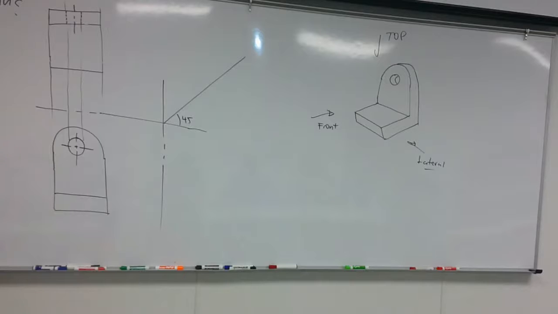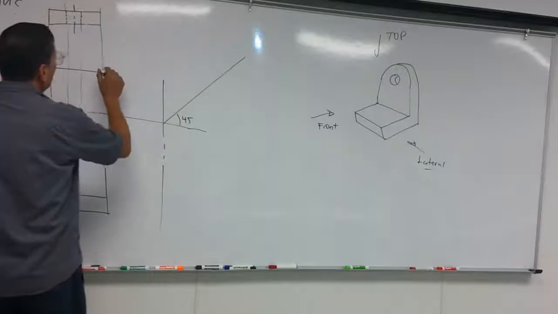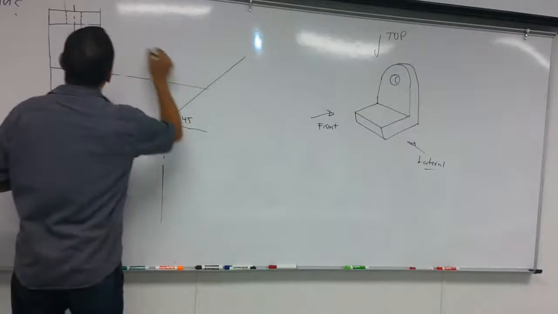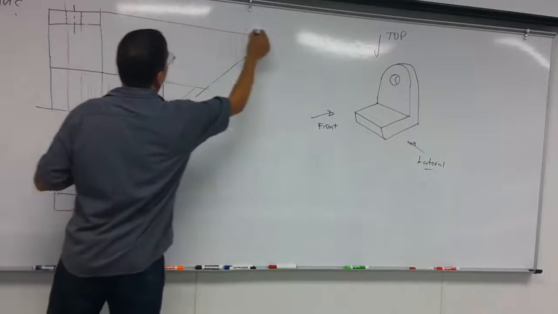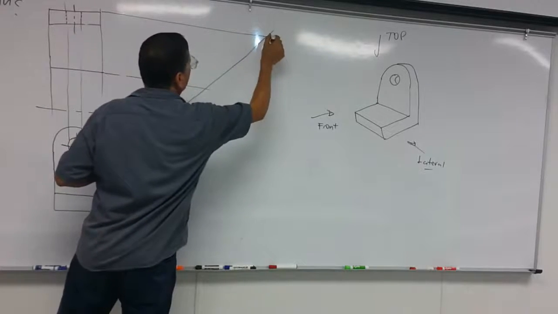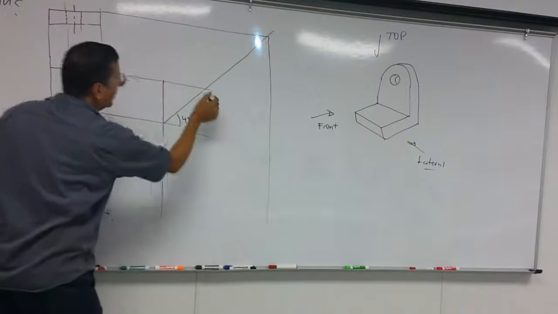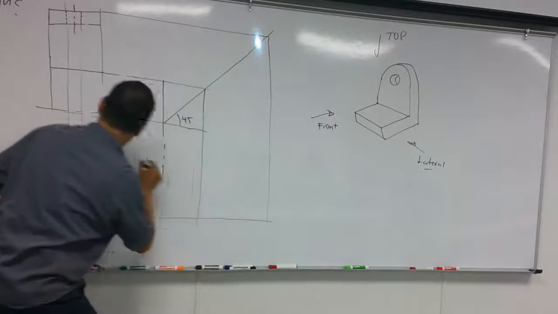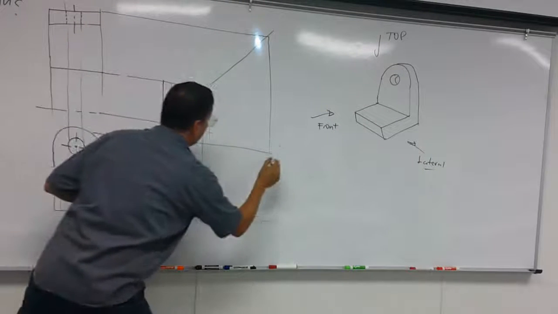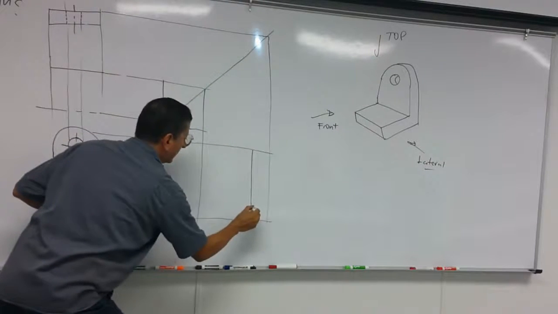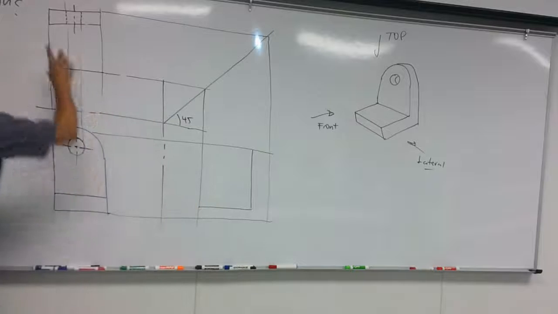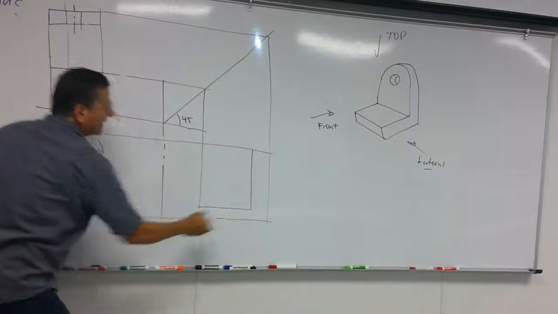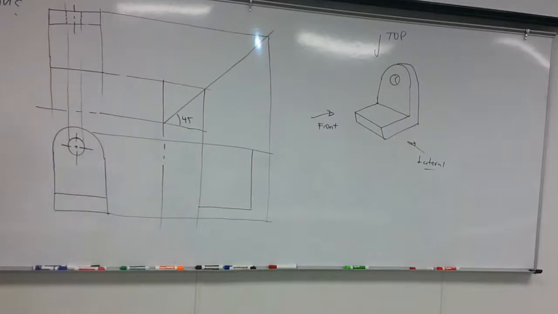Yeah, it's clear, my friends? Look at this. I am going to do the projection of this here, 45 degrees, and I am going to bring those dimensions in order to create exactly the same picture on the lateral. And what about the hole?